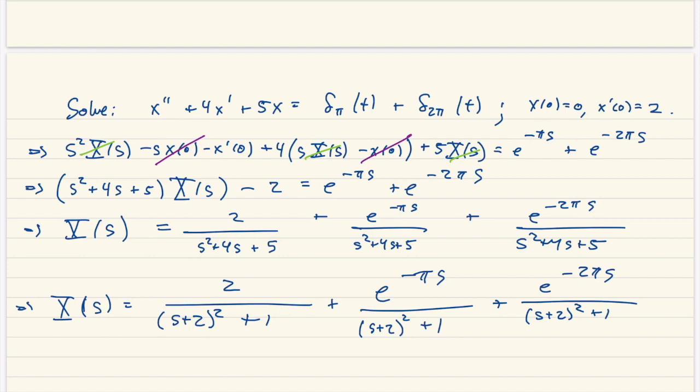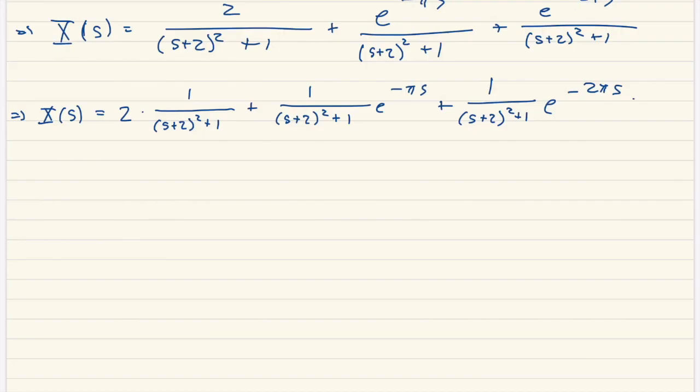Now, what we need to do is figure out how we take the inverse Laplace transform of these types of functions. We're going to use rule number 16. Rule number 16 says that if you take the transform of e to the bt sine of kt, you're going to end up with k over s minus b squared plus k squared in the denominator.